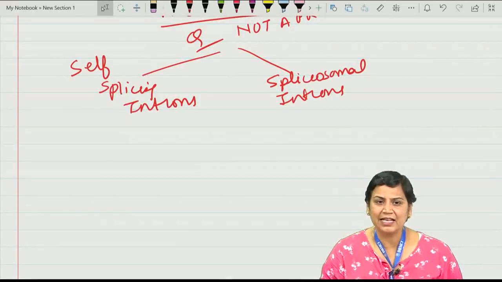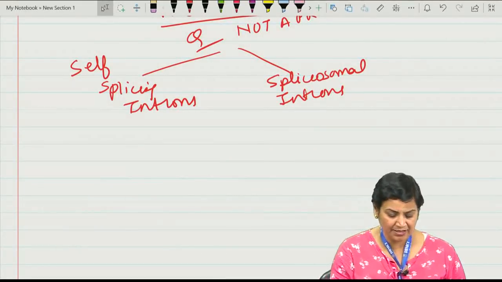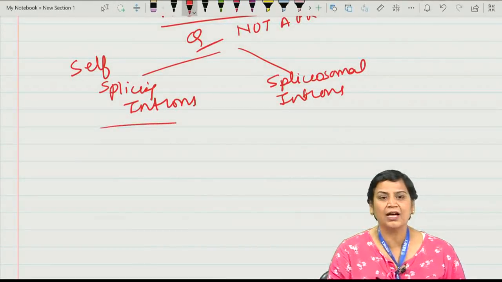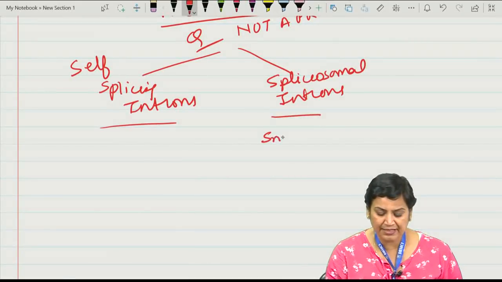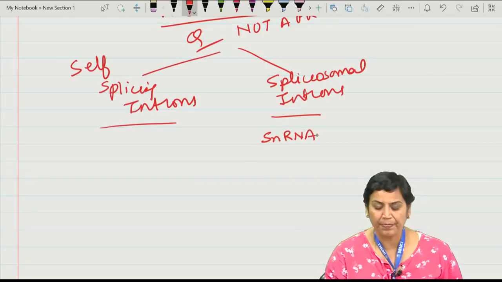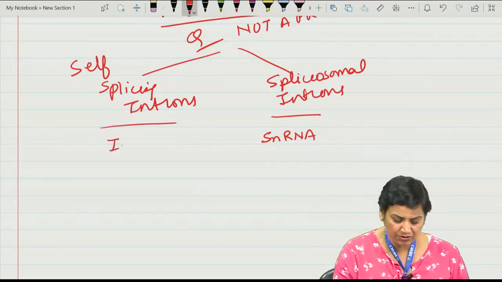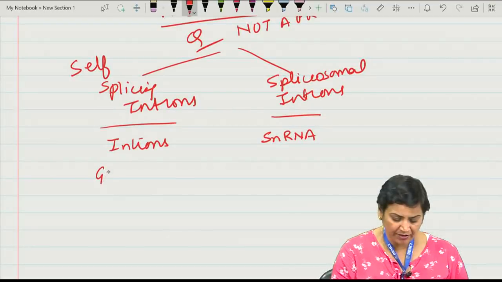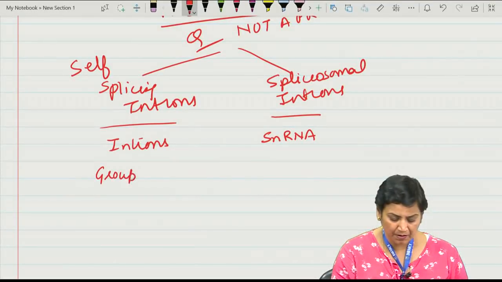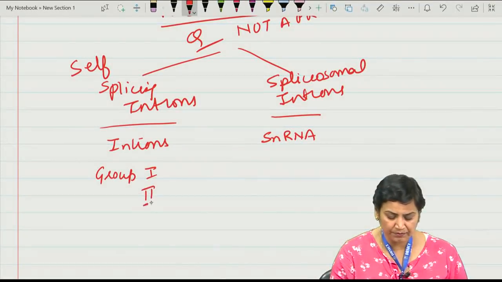The difference is that in self-splicing, introns are doing their function themselves, whereas in spliceosomal, snRNPs and snRNA are used. Self-splicing introns are group 1 and group 2.